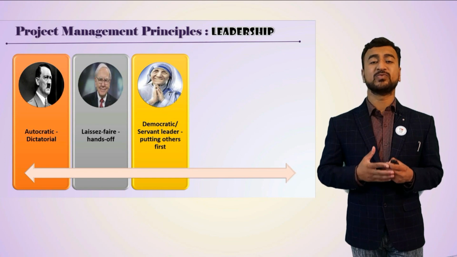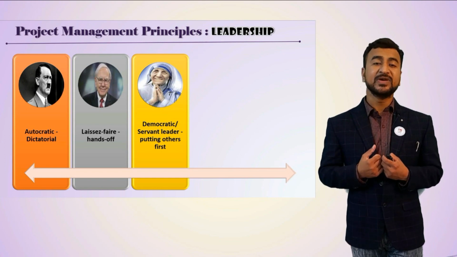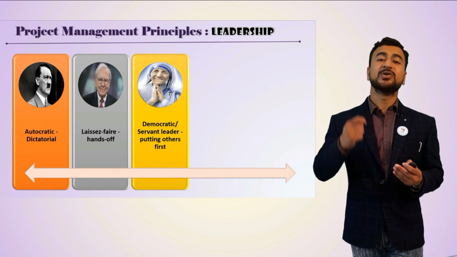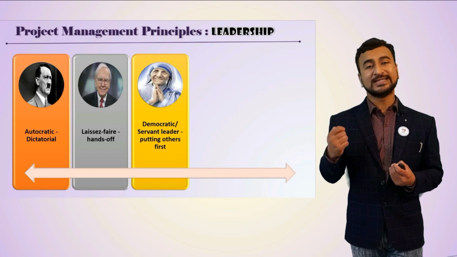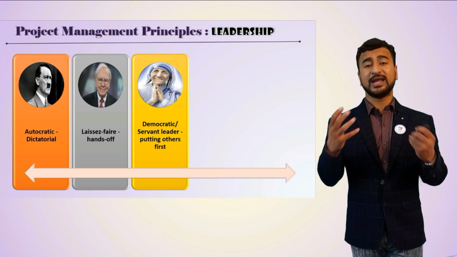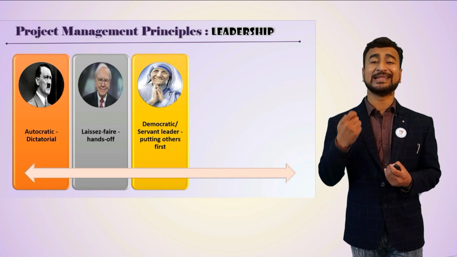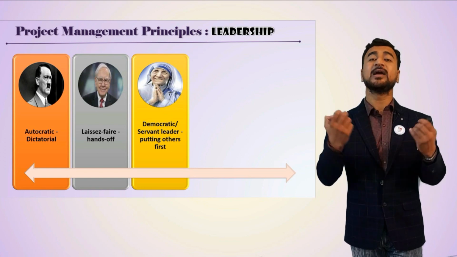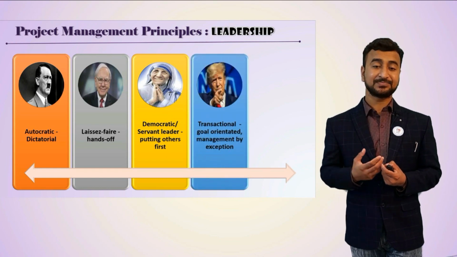The third leadership style is democratic or servant leadership, in which a leader provides an ecosystem to the team to achieve their best. A good example would be Mother Teresa and many other servant leaders. In agile, it is demanded that we practice servant leadership, where we provide an ecosystem for the team to flourish.